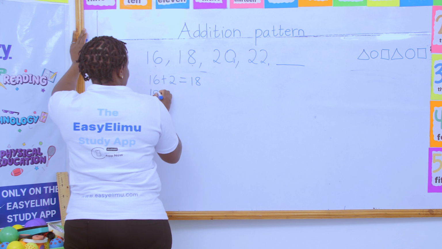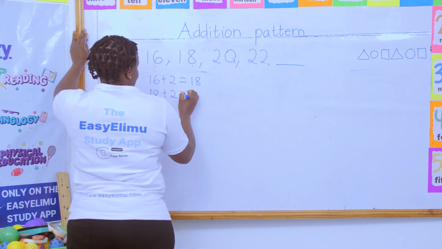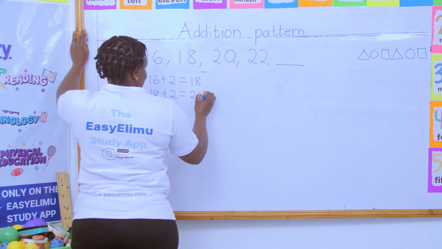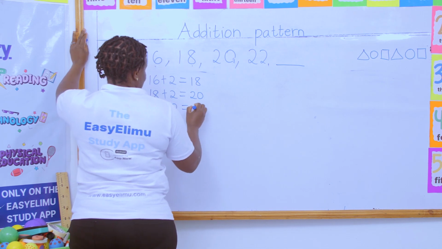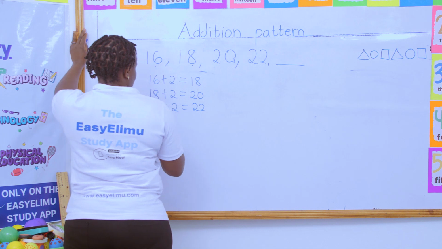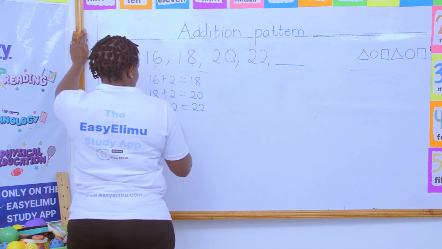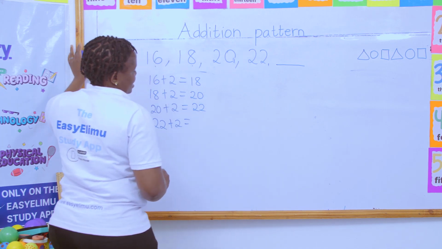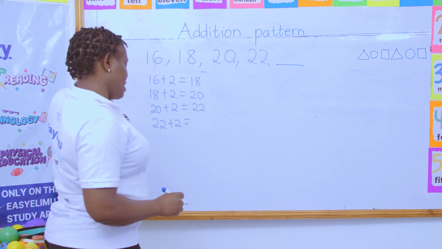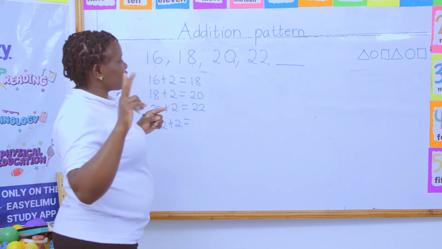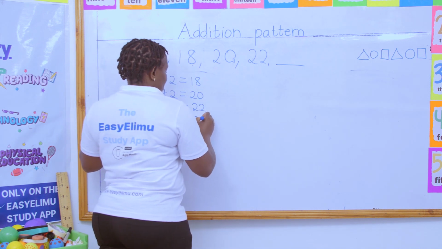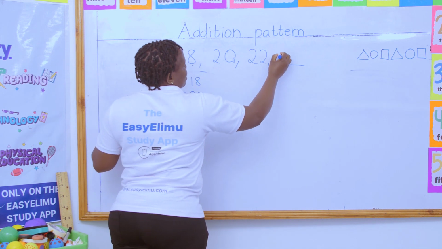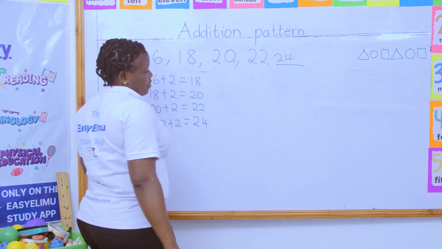Then I take 18, add 2, I get 20. Then 20 plus 2, I get 22. So what is 22 plus 2? My pattern is flowing like that. I'll say 22 in the head, 2 fingers out: 23, 24. My missing number is 24.